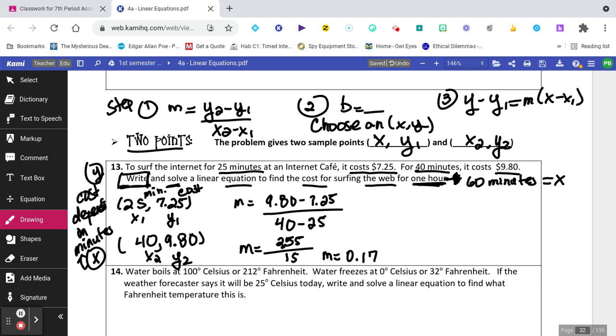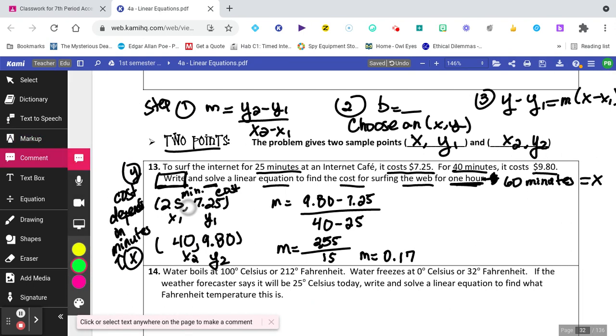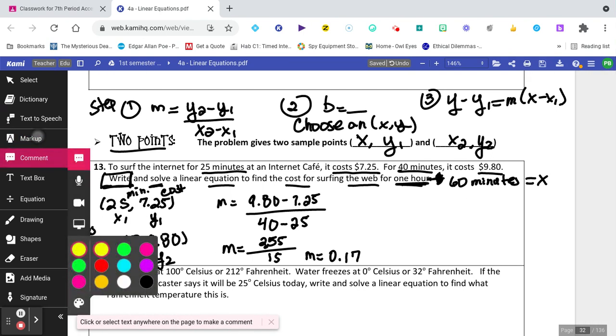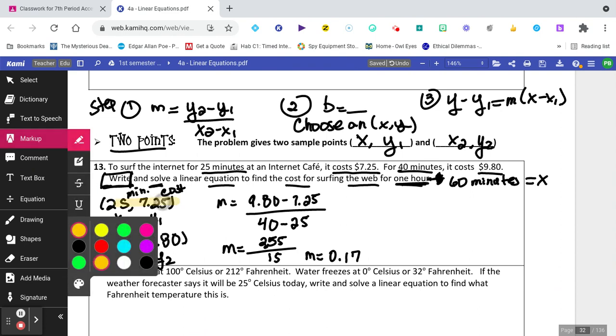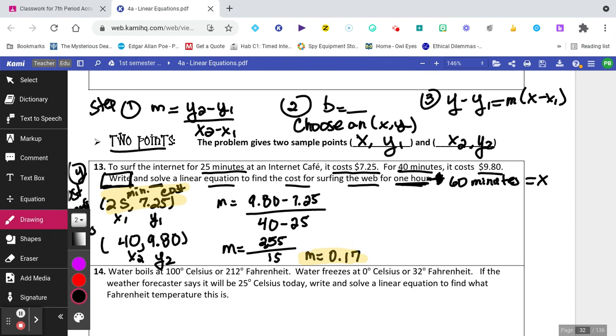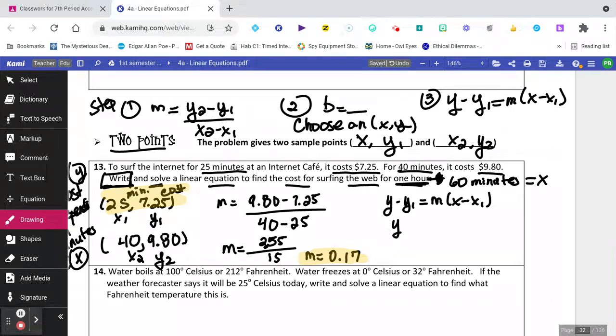Now to find b, you're going to choose a point. So I'm going to choose this point, and I'm going to use an m of 17 cents. And I'm going to plug that into y minus y sub 1 equals m times x minus x sub 1. The point I chose has y sub 1 equal to 7.25, so it's y minus 7.25. Now, you didn't have to choose that point. You could have chosen 40 and 9.80. It's up to you.